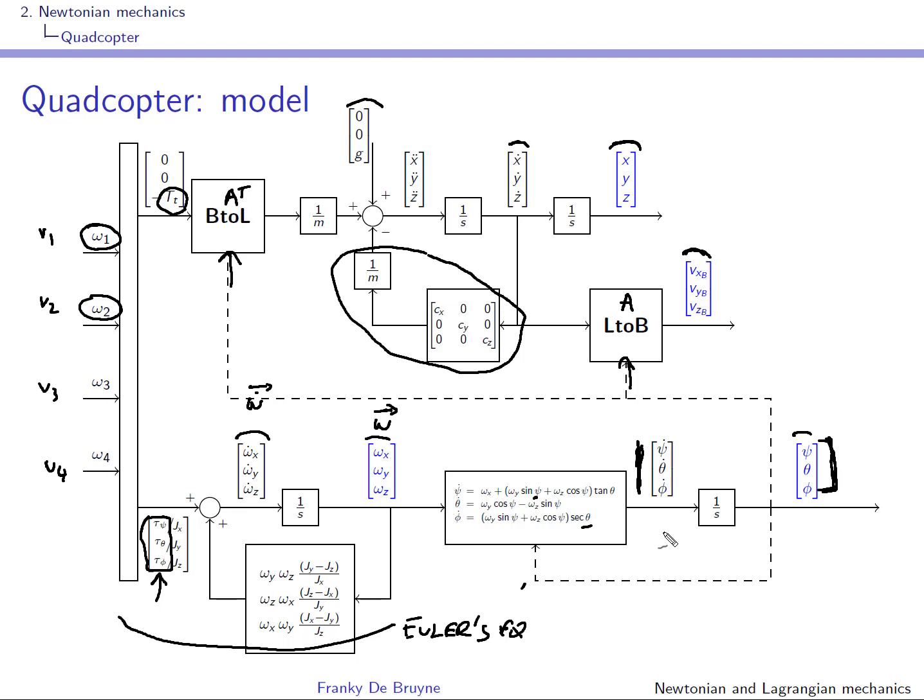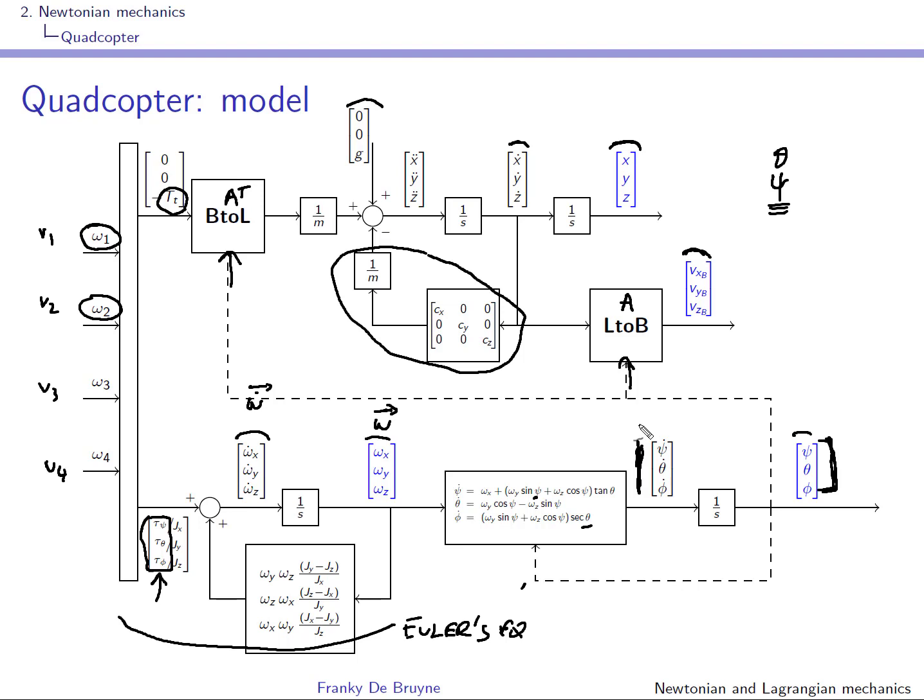This type of model can be used if you want to do control around the hovering position with angles theta and psi that are not too large. Because if you look in the literature, you will see that if the angles are too large, sometimes you'll have sines and cosines that go to 0, and you'll end up in a lock situation in your model.